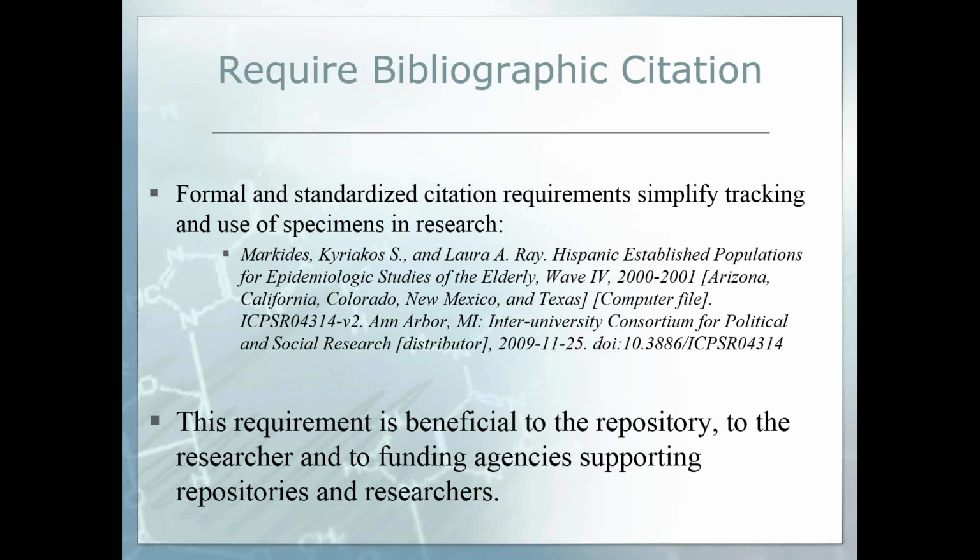This would help repositories track the use of their data, see what outcomes came of it, and also help funding agencies that support repositories and researchers see a clearer picture of the life cycle of a biospecimen, from extraction from an individual or a donor to publications and research outcomes.